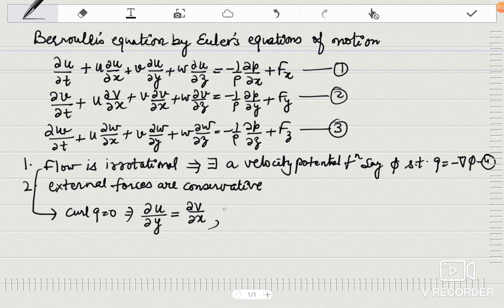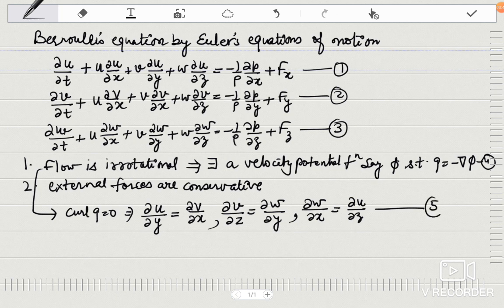So you will get this relation. Then the second one is ∂v/∂z = ∂w/∂y, and the third one will be ∂w/∂x = ∂u/∂z, because the 3 components xi, eta and zeta will be 0.